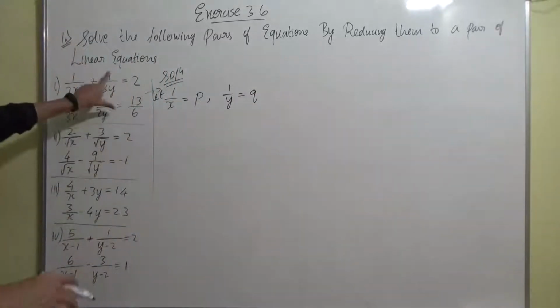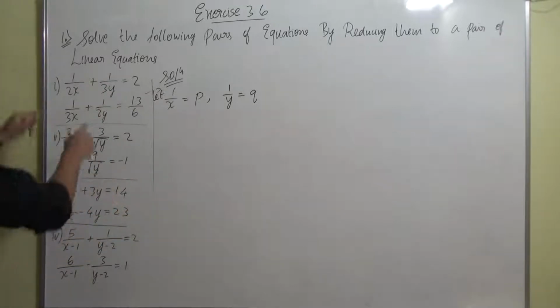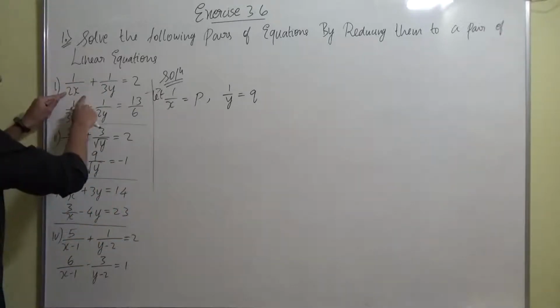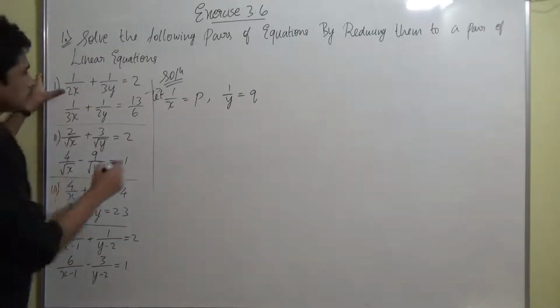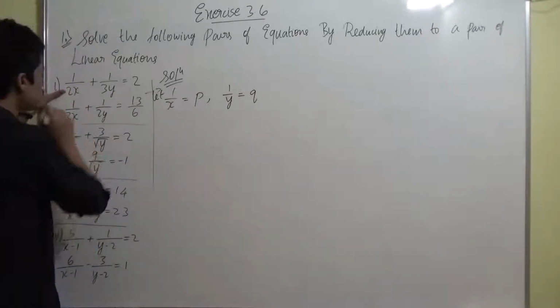After assuming this, the equation will be converted. 1 by x becomes p, so it becomes p by 2, because 2 stays down here.